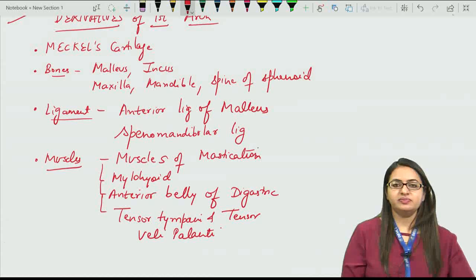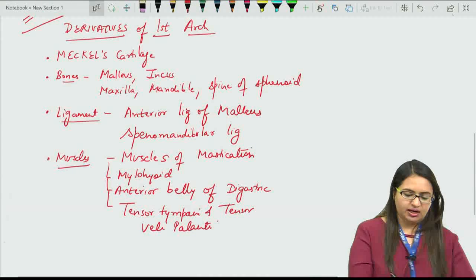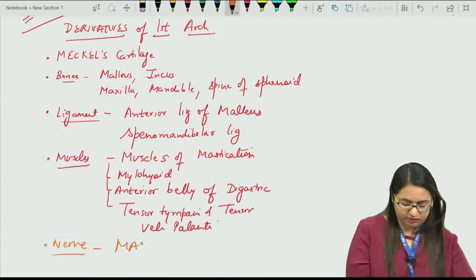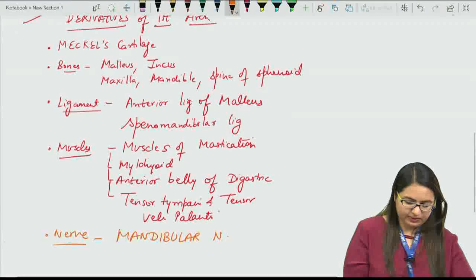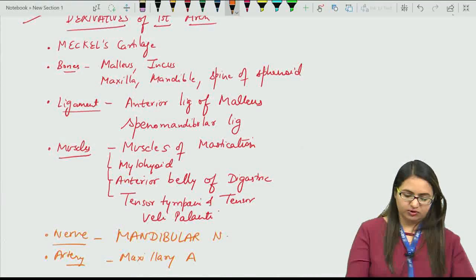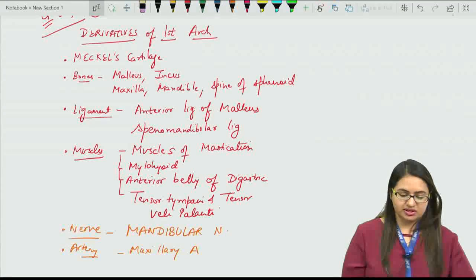So all these structures are being derived from the first arch, and the nerve for the first arch is the mandibular nerve. The artery for the first arch is the maxillary artery. So these are the structures which are derived from the first arch.